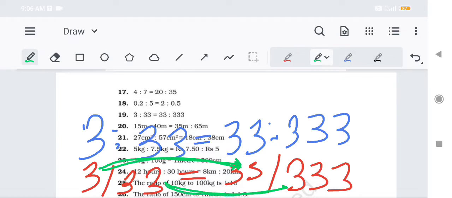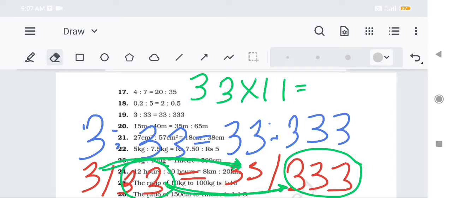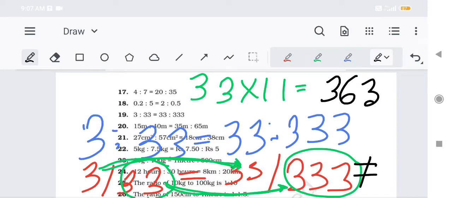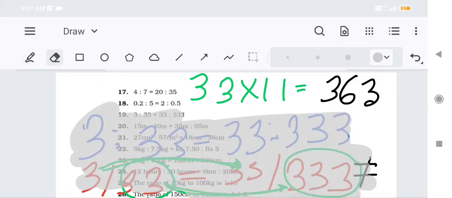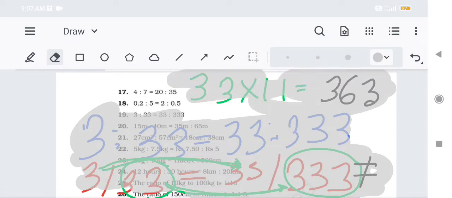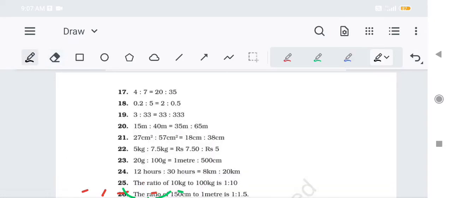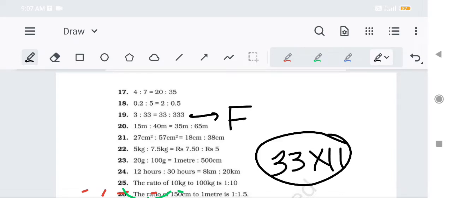So we must multiply 33 by 11 to get these two ratios equal. If we multiply 33 and 11, we will get 363, which is not equal to 333. So this statement is also not true. It looks like it must be true, but it is not. Whenever you multiply 33 and 11, it will not become 333.